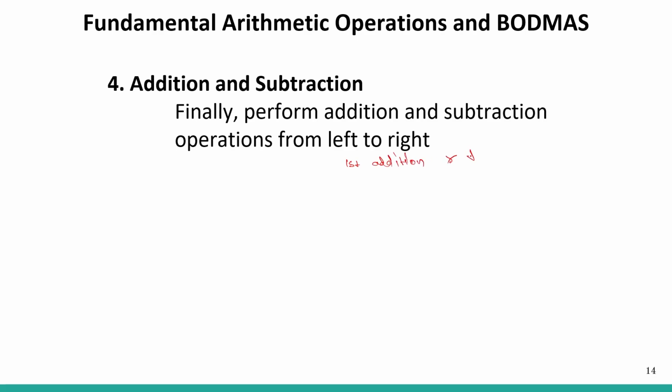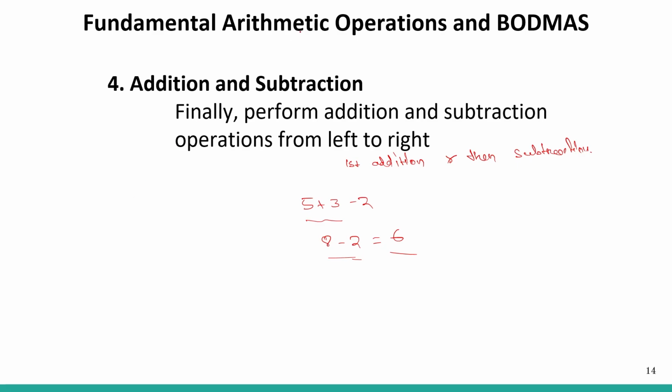Let's see an example. Let's say you have 5 plus 3 minus 2. In this case we first evaluate addition, so this is 8, then minus 2, that is equal to 6. So this is 8, and then we subtracted and found 6.